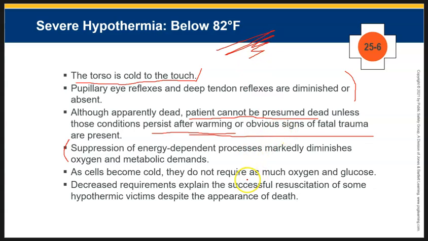So we'll get successful resuscitation of some hypothermic victims who have very, very slow metabolic processes occurring as we warm them up. Be mindful of that. Make sure that a severely hypothermic victim, we handle them very gently and then proceed with warming.